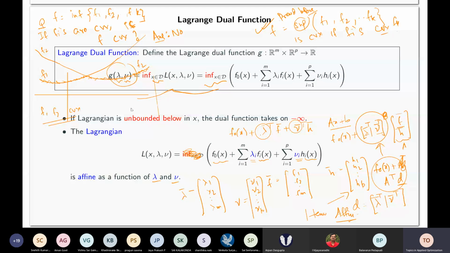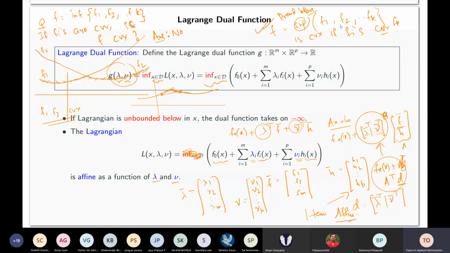Now the question is, is this convex? It's clearly not convex, right? Because the line joining is below the curve. That's not the definition of convexity, right? So we have to be a bit careful. Supremum of convex functions is convex, but infimum of convex functions may not be convex.